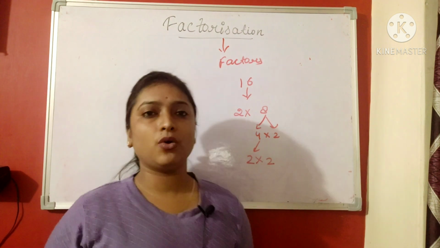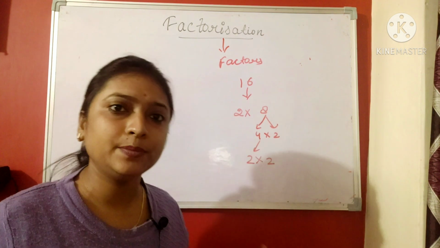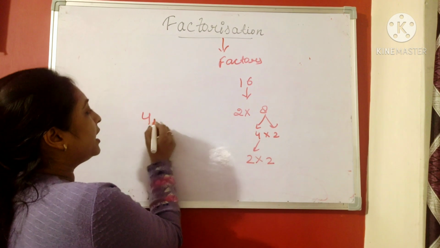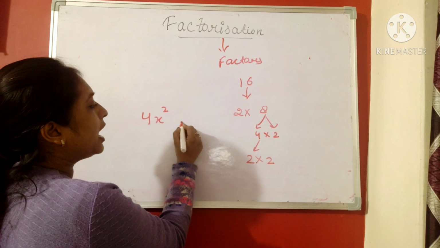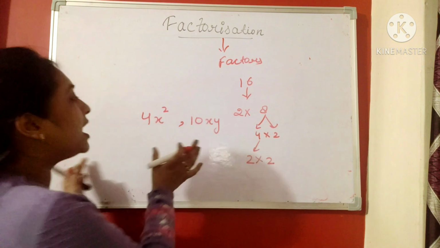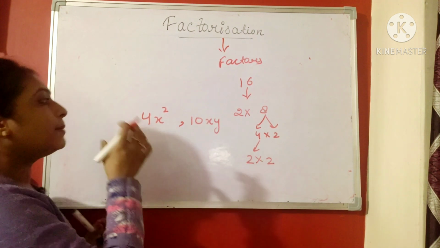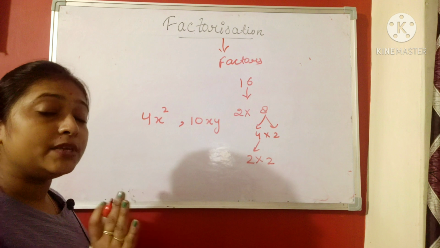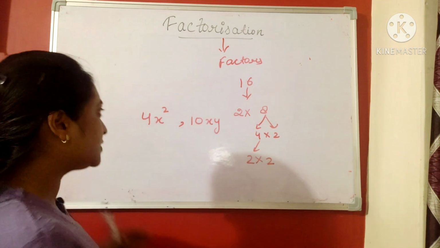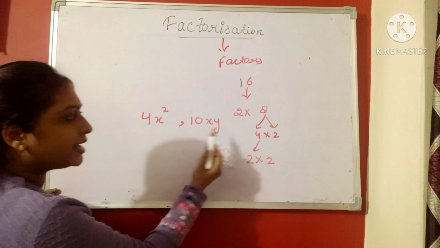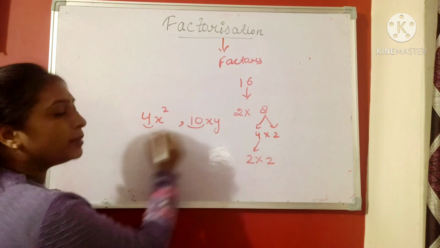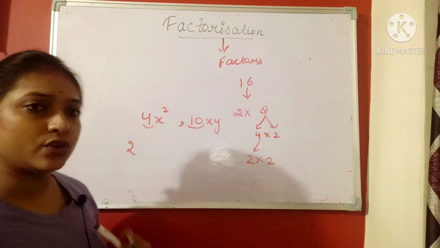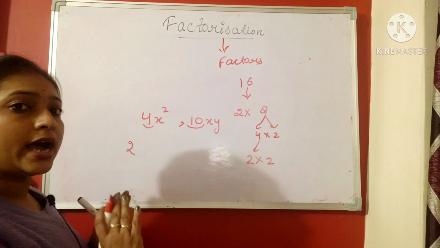That means in algebra also, factorization means the same thing. Let's understand this factorization with the help of an example. Suppose I have 4x square and 10xy. Now what maximum thing can we take out common from these two terms? That means we have to find out the HCF. If we talk about the numeric value, we can take out 2 common because 2 is a factor of 4 and also of 10.